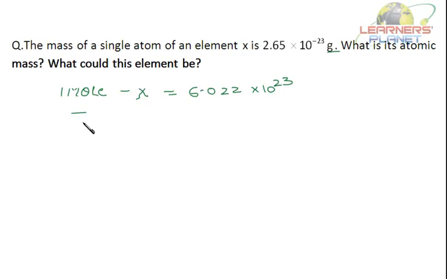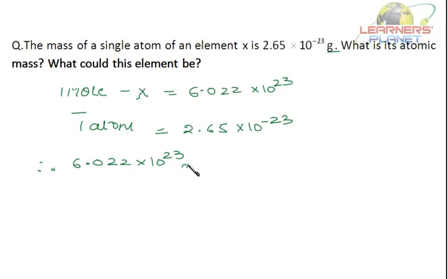Now the mass of 1 atom of X is equal to 2.65 into 10 to the power minus 23. So the mass of 6.022 into 10 to the power 23 atoms will be equal to how much? 2.65 into 10 to the power minus 23 multiplied by 6.022 into 10 to the power 23.